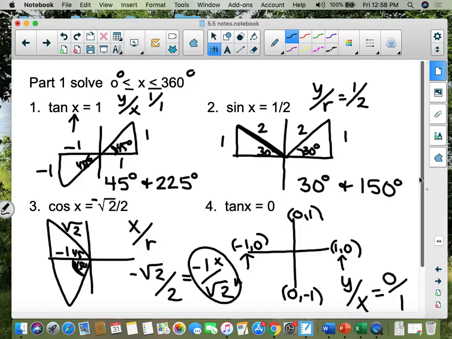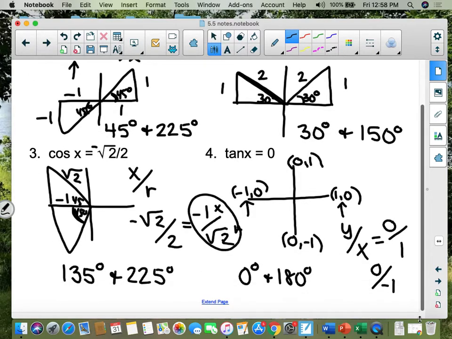They want all of the angles from 0 to 360, including 0 and 360. Do you see the lines underneath it? Isn't 0 and 360 in the same spot? This one has 3 answers: 0, 180, and 360 for this problem because of the line underneath the 360.